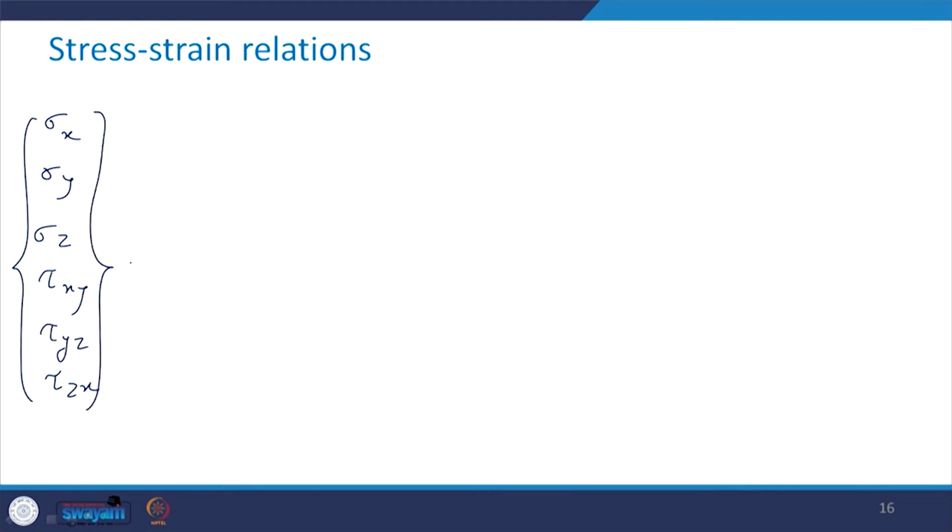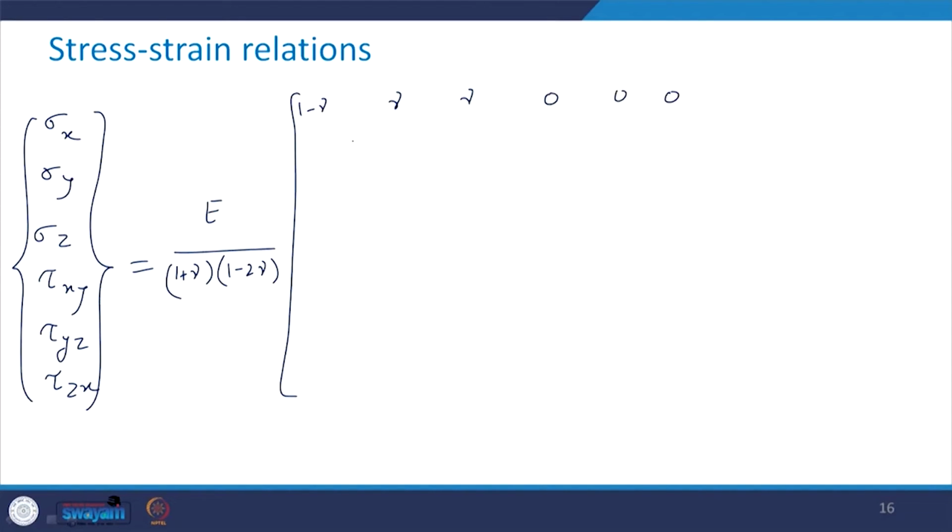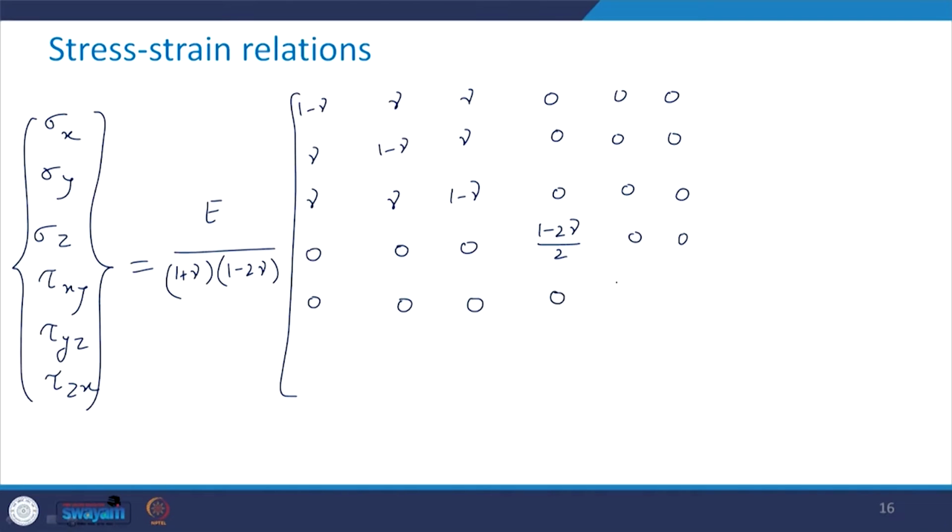That is the stress vector, and this is going to be equal to E upon 1 plus nu into 1 minus 2 nu, and then we will have the matrix which is 1 minus nu, nu, nu, 0, 0, 0; nu, 1 minus nu, nu, 0, 0, 0; nu, nu, 1 minus nu, 0, 0, 0; then 0, 0, 0, 1 minus 2 nu upon 2, 0, 0; 0, 0, 0, 0, 1 minus 2 nu upon 2, 0; and the last row is 1 minus 2 nu upon 2.